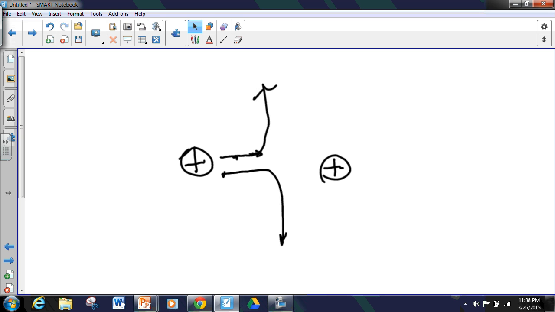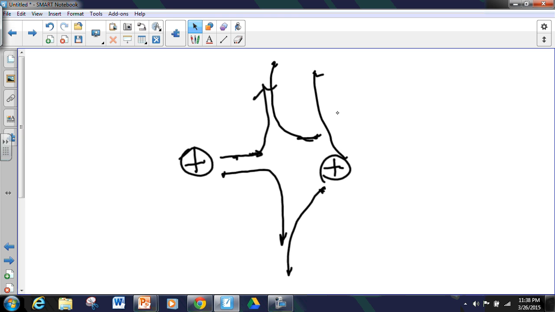If I put a positive here, it's going to be pushed away, but when it gets in the other force field, it's going to be pushed away from that one.